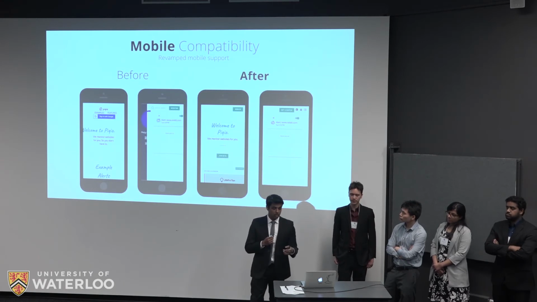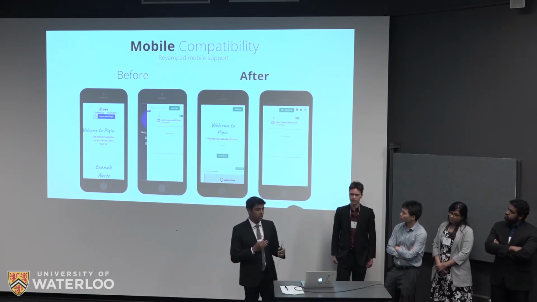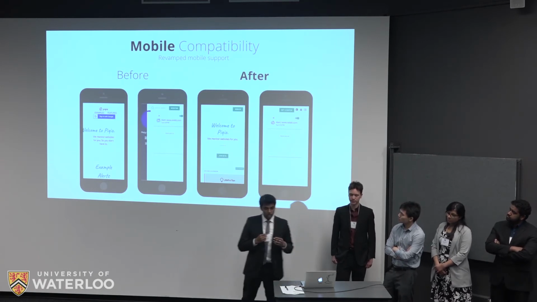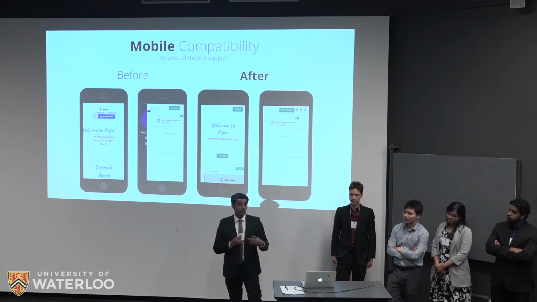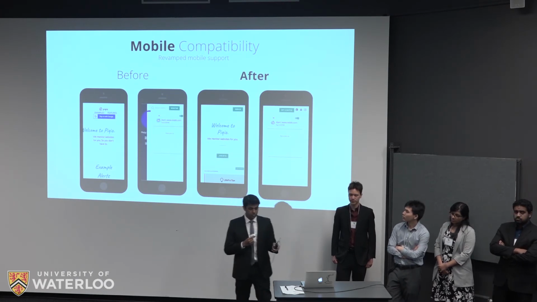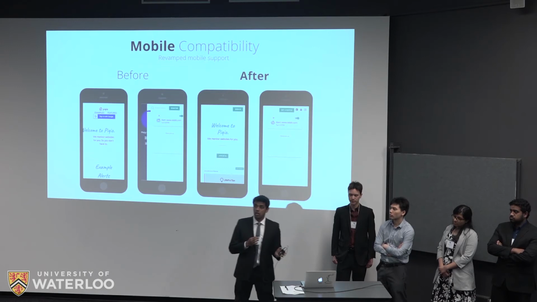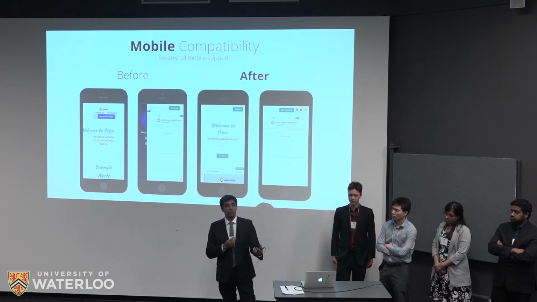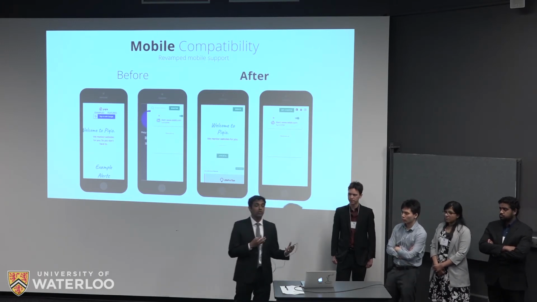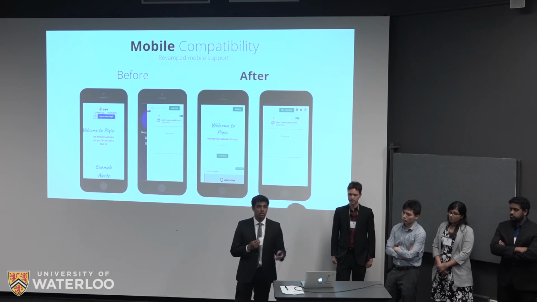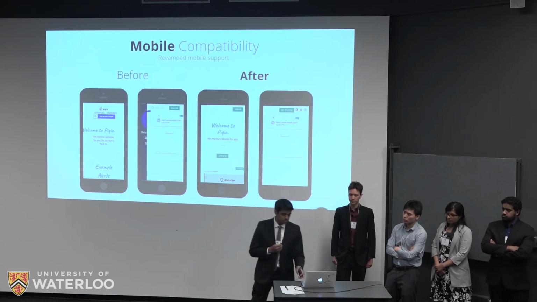In the second picture, you can see that our sidebar is cut off. So after we added support for mobile compatibility, we not only render the components properly, but also allow all of our features to be fully functional on the mobile devices.